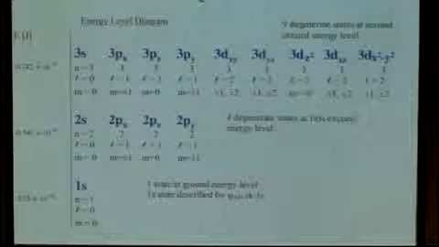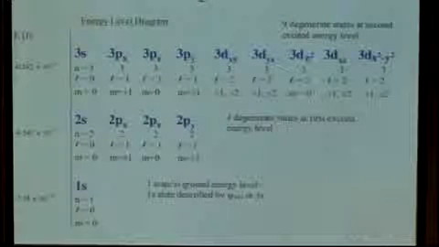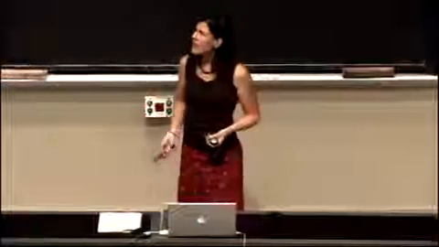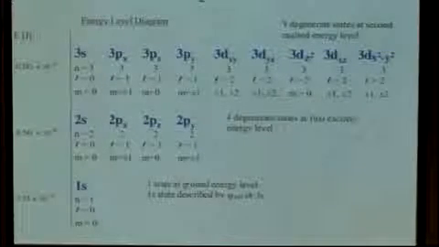What you need to know is that when m equals 0, it's 3dz squared. That's it. Again, these other p, or the dxy, dyz, those are going to be those more complicated linear combinations. You don't need to worry about them. Eventually, you will at least need to know the labels and know a little bit more about them. And in the second half of this course, Professor Drennan's going to talk to us about transition metals in depth.